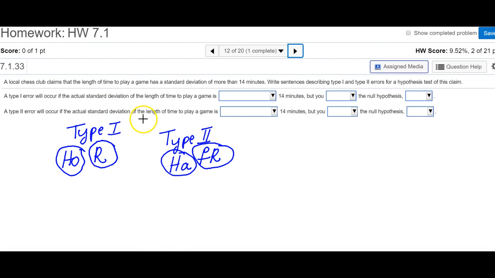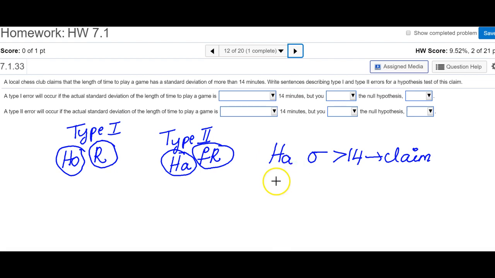A local chess club claims that the length of time to play a game has a standard deviation of more than 14 minutes. So standard deviation of more than 14 minutes. That's what they're claiming. I look at it and I see this is not my H0 because it does not have an equality sign.